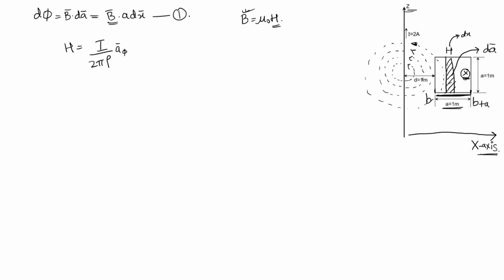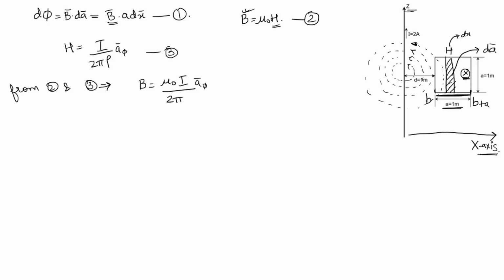So H is equal to this and B is equal to this, second, and this is the third. So from 2 and 3 we get B is equal to μ0 I upon 2πρ, and this is aφ.